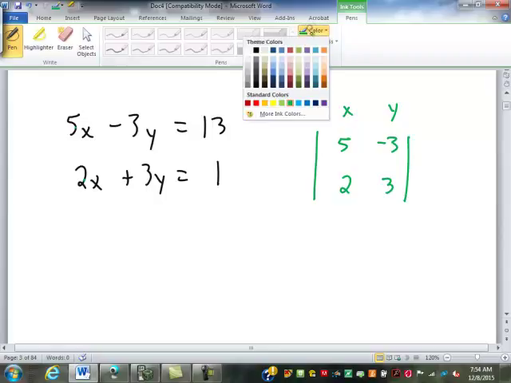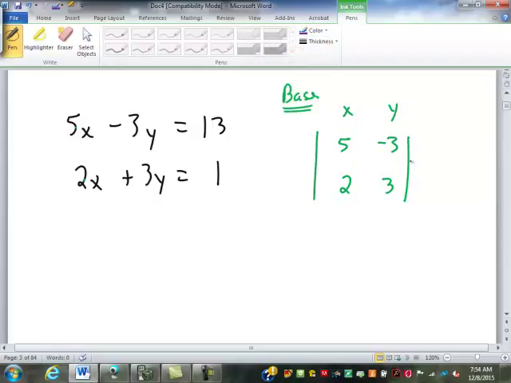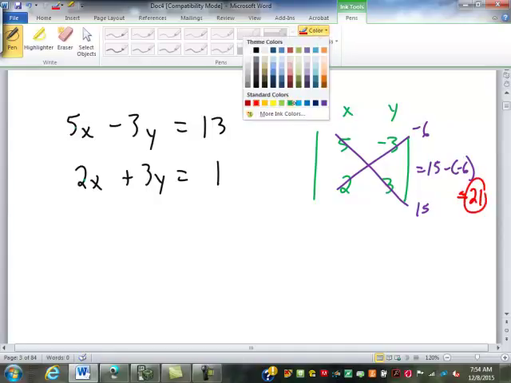Very good. Notice I put that in the straight lines instead of the square brackets, which means we're going to do what with it? Find its determinant. 5 times 3 is 15. 2 times negative 3 is a negative 6. 15 minus a negative 6 is 21. That's the determinant of my base matrix.